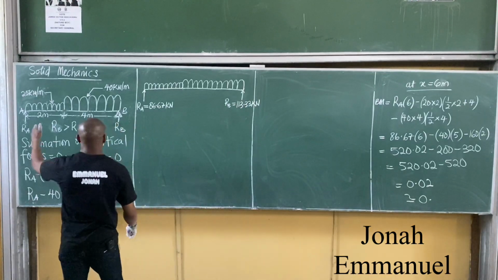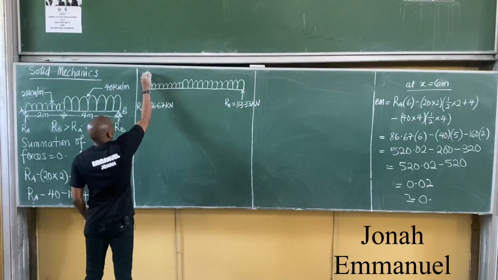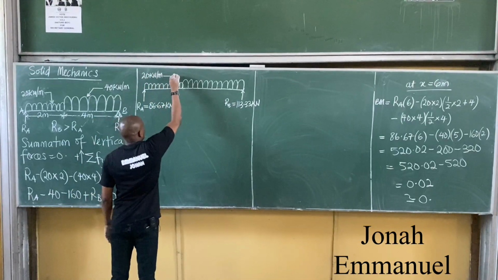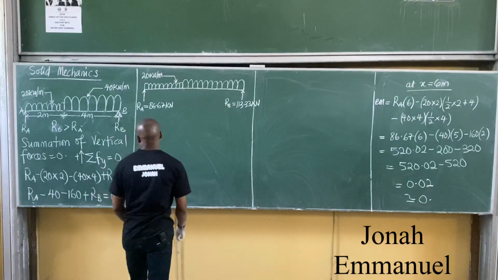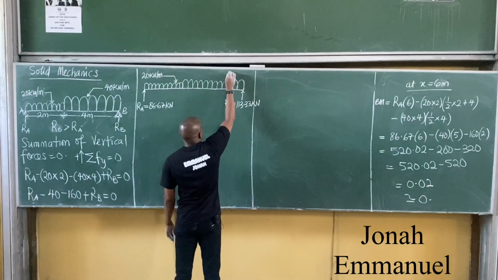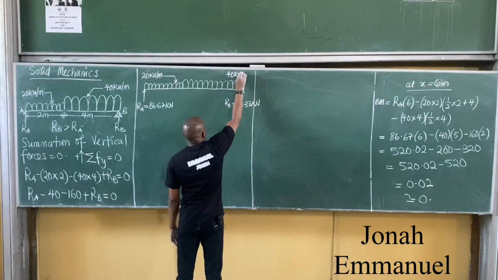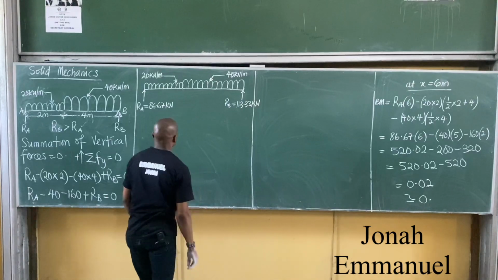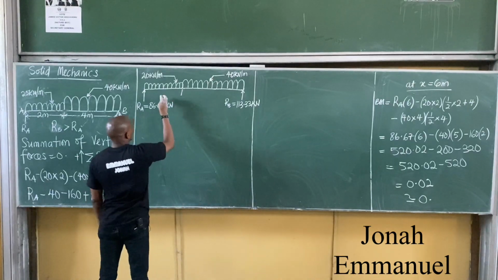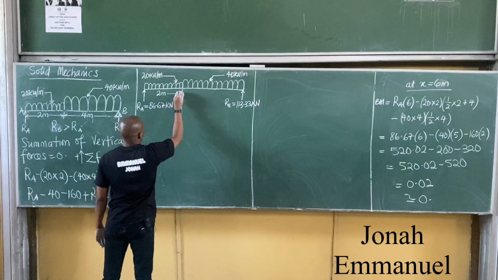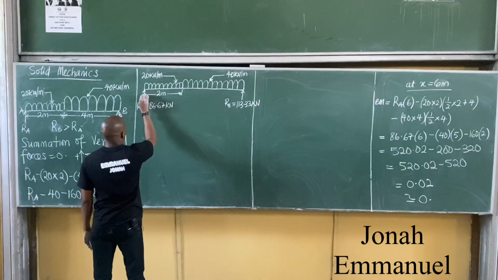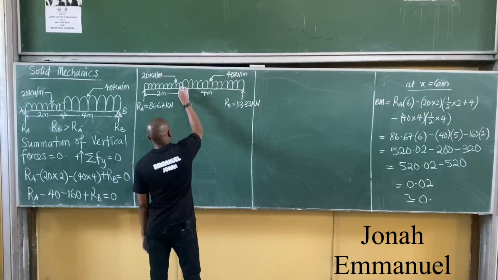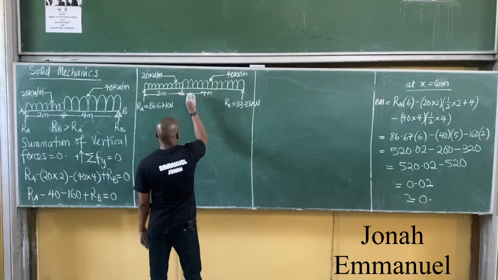So here's 20 kilonewton per meter, like this. Here is 40 kilonewton per meter. From here to here is 2 meters. Here to here is 4 meters. That gives you 6 total.